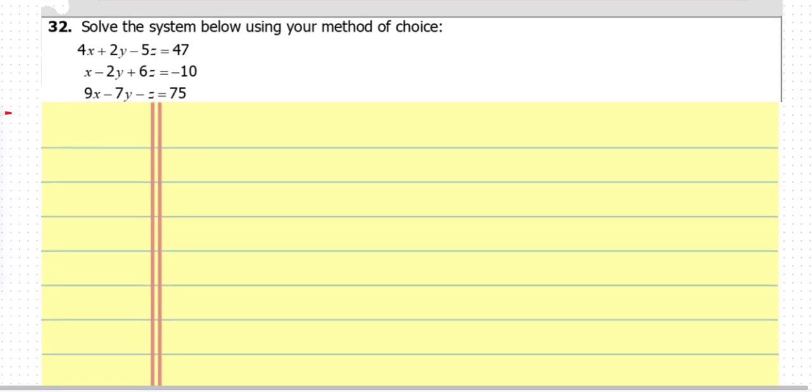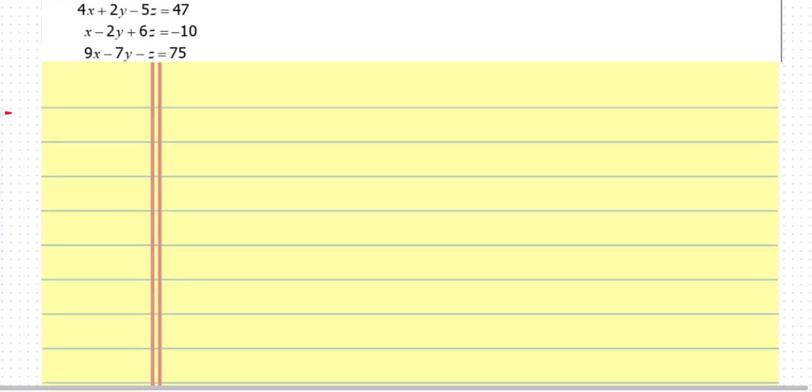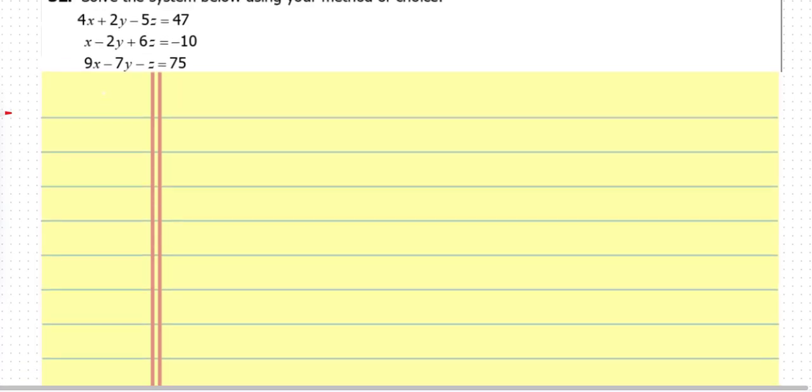This next question is a system with 3 variables. So the first thing is we need to try to cancel out one letter in each of the equations. I chose to try to cancel out my x's. When I look at this, if I multiply the second equation by a -4, that's going to give me something to cancel out with.